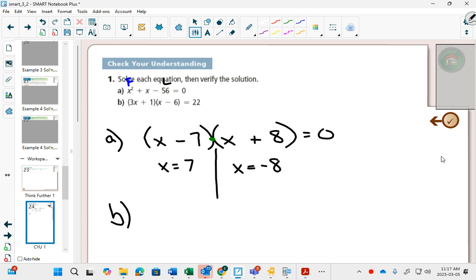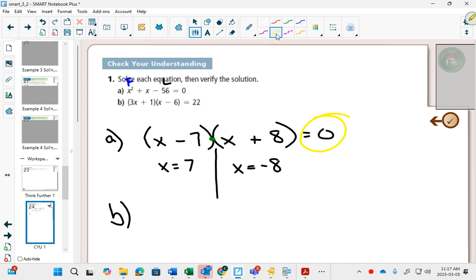You could pick any number and find something that works to make 22. There's an infinite amount of possibilities. This is a problem. This idea only works if we have equals 0.